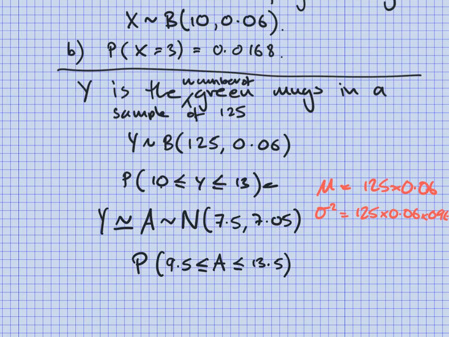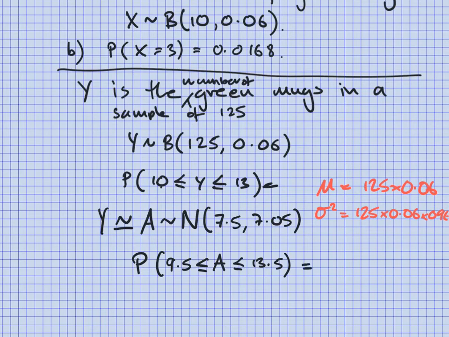So when we're thinking about the values to put here, you need to consider the number line: is this 10 rounding from 9.5 or rounding from 10.5? We want to make sure that it includes the 10, so we need to go down to 9.5. We want to include the 13, so we go up to 13.5. Just think carefully about what the values are.